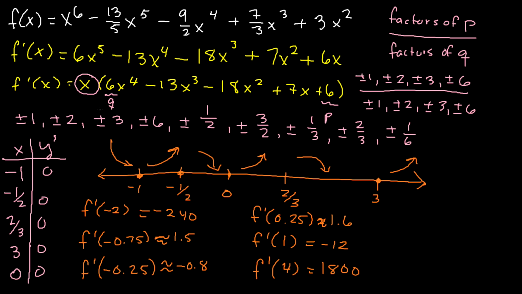Now, because this graph starts at positive infinity on y and it ends in positive infinity on y, I am not going to have any absolute maximums, but I will have an absolute minimum. So let's find out what that is.